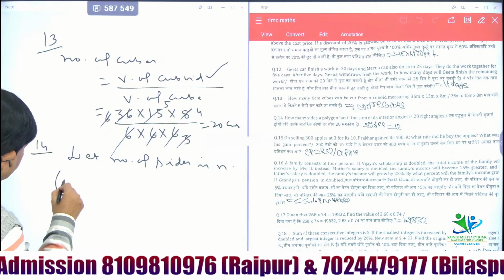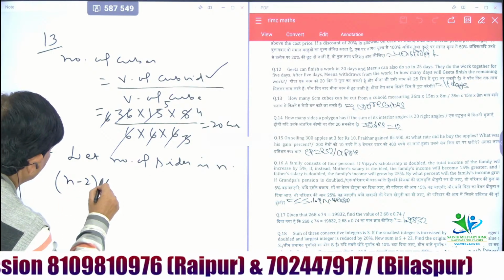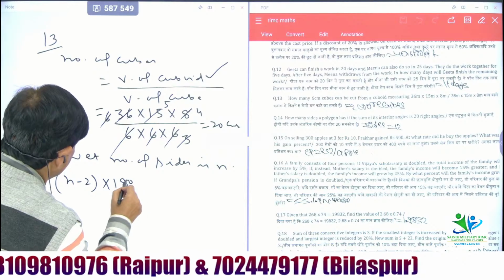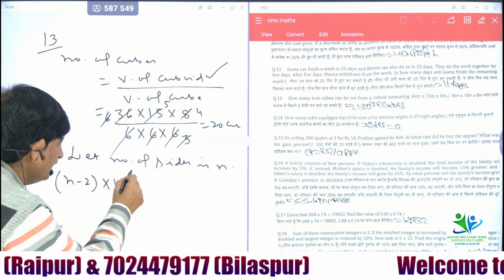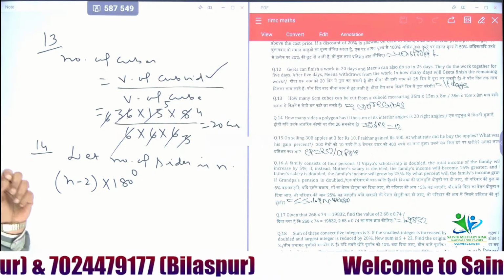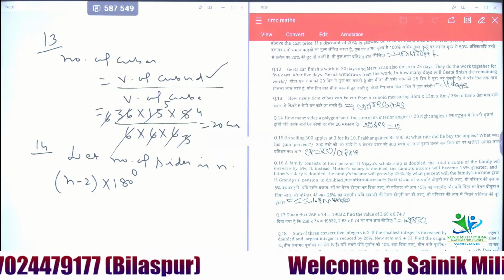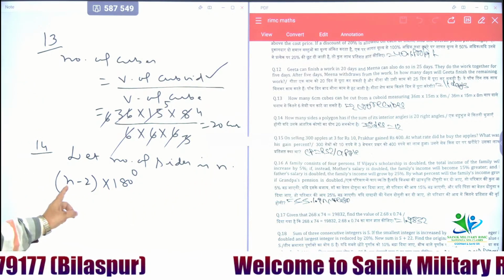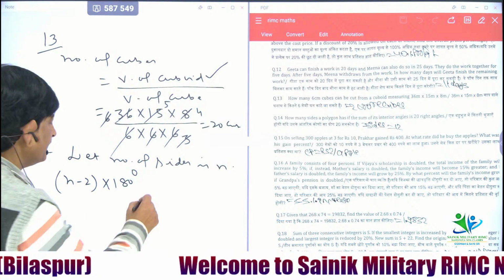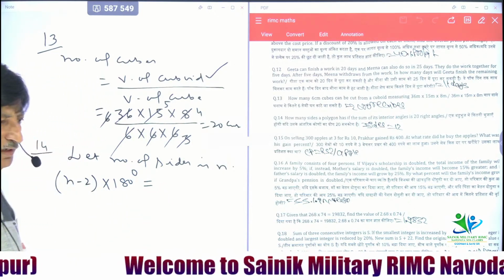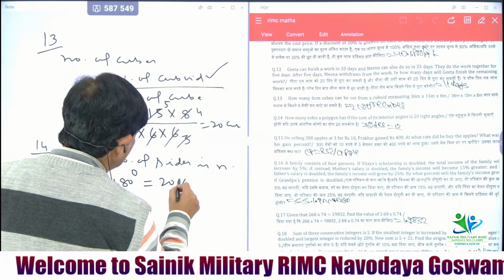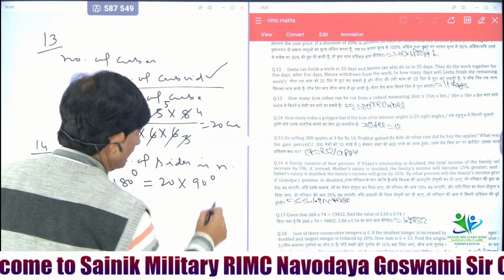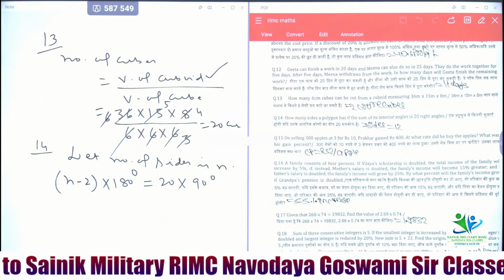a formula that is n minus 2 into 180 degree. n minus 2 into 180 degree is the sum of all interior angles of the polygon. Here side is n, therefore sum should be this, but it is given in the question. It is 20 right angle. 20 right angle means 20 into 90 degree. One right angle is equal to 90 degree.